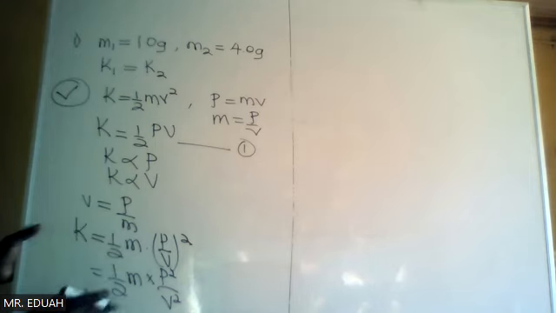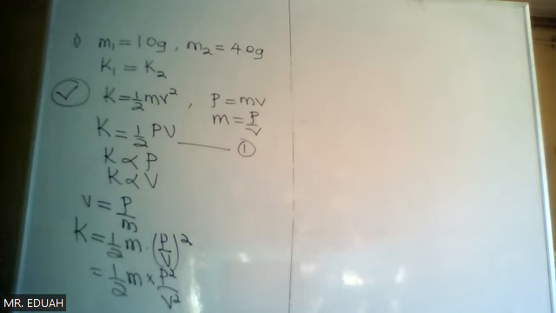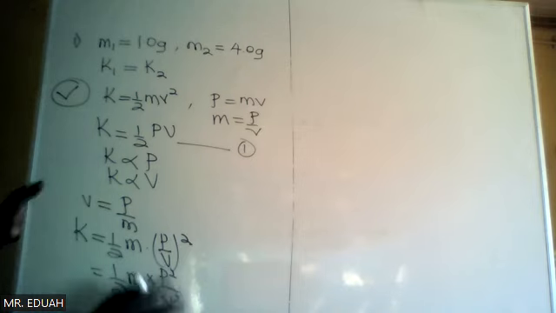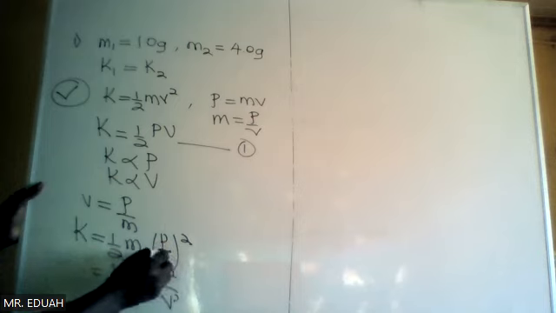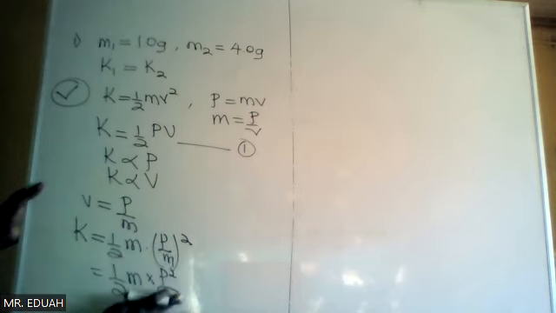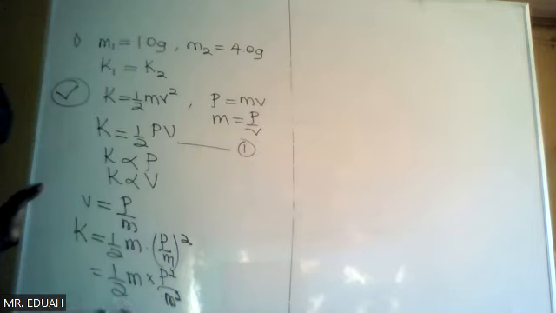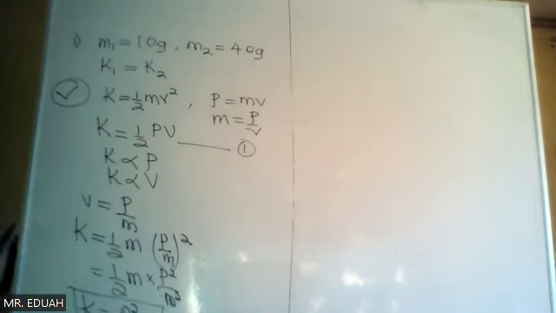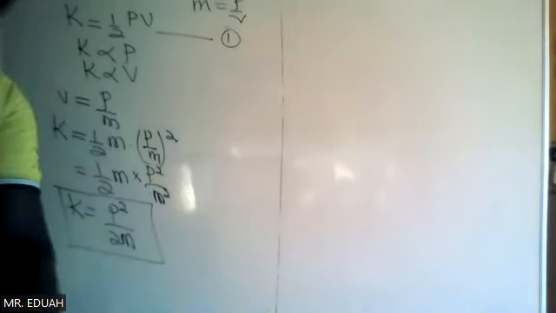So we have P squared over 2M as another relationship between kinetic energy and momentum.